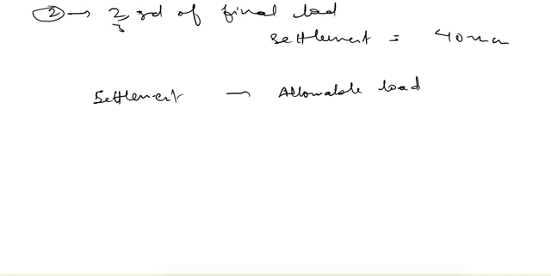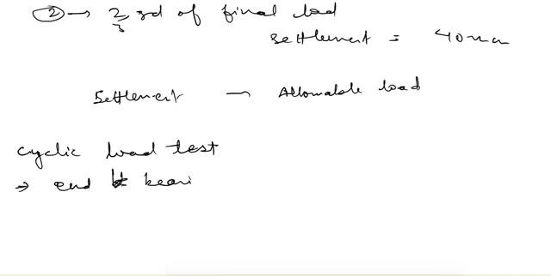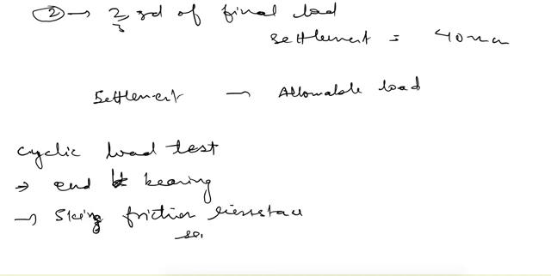So this is the first type of test, and apart from that, the cyclic load test is also used. The cyclic load test is used when we want to find out the end bearing and skin friction resistance separately.